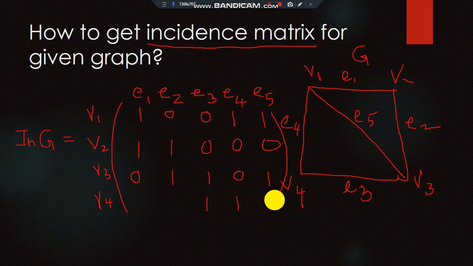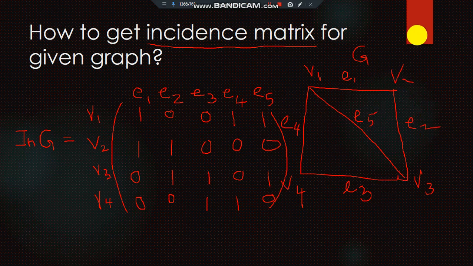For all others we have to put 0. So this matrix is called the incident matrix for this graph.